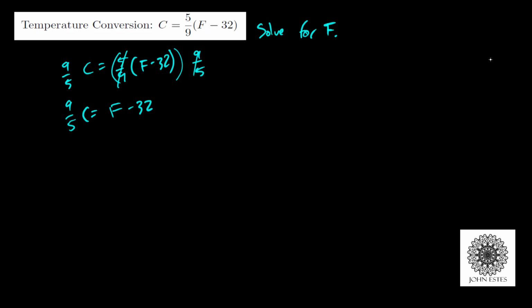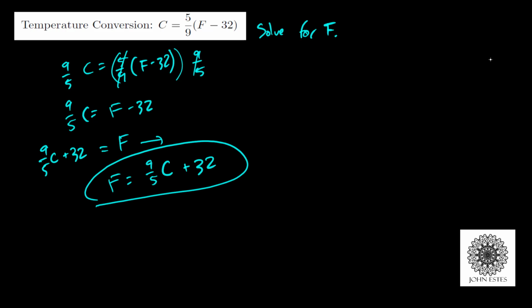Then to get F by itself, all I have to do is add 32 to both sides. So there it is. F is 9/5 times the temperature in Celsius plus 32. And that's how I can convert Celsius to Fahrenheit.